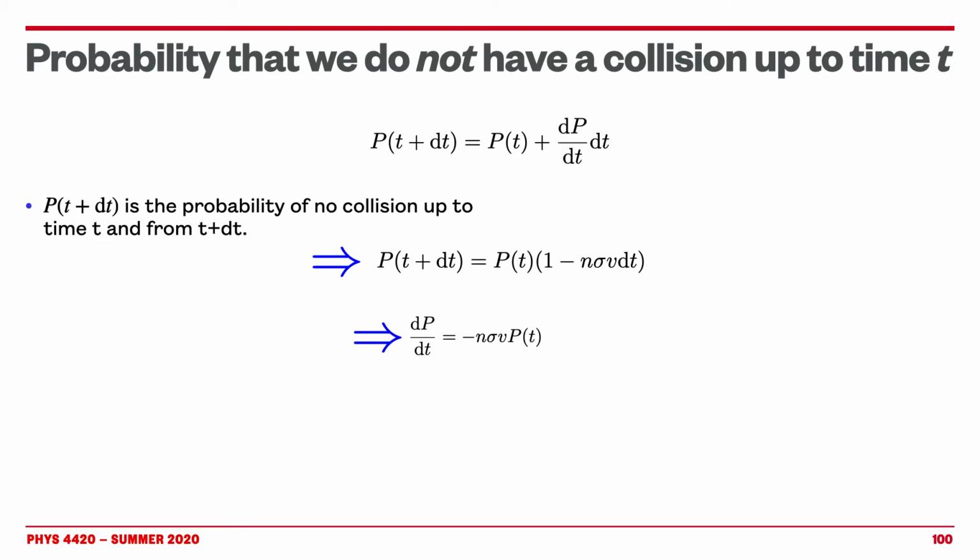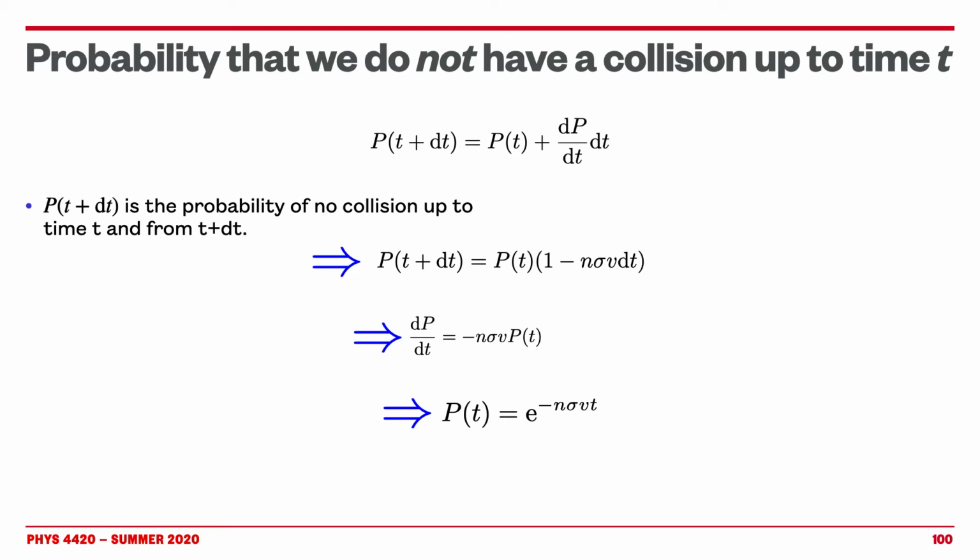And we know we can only have this when we have an exponential, right? So exponential is the only function where when we take the first derivative, you get the same function times a constant. And the constant is usually what you find in the argument of the exponential. So you find that the probability to not have a collision up to time t is the exponential, e to the minus n sigma v t.